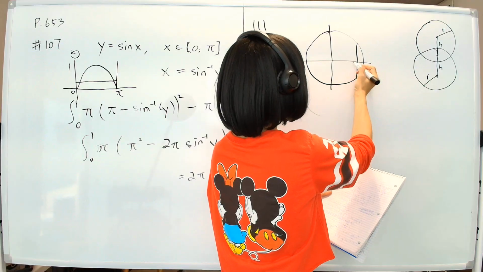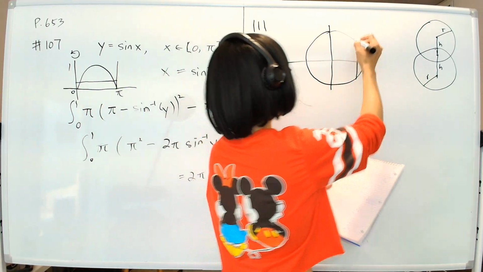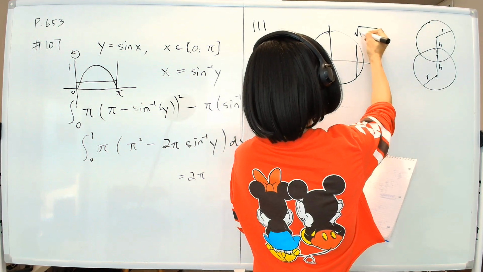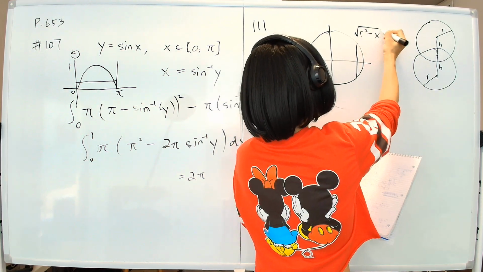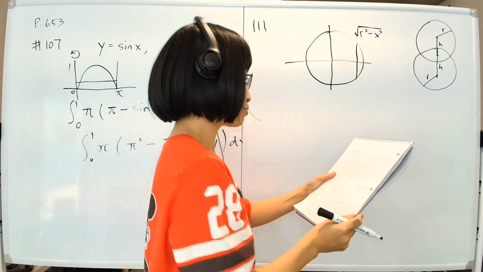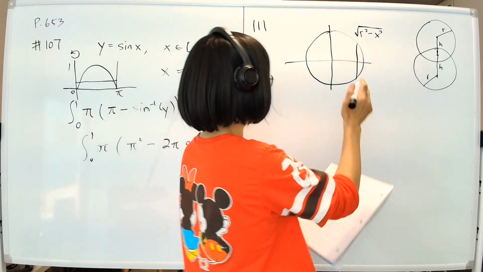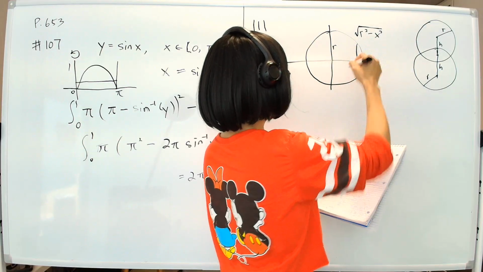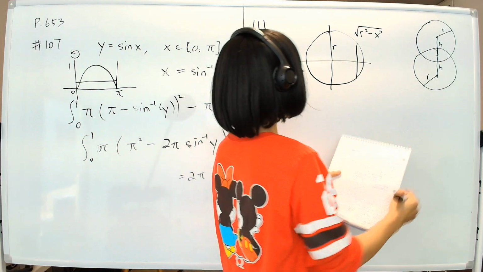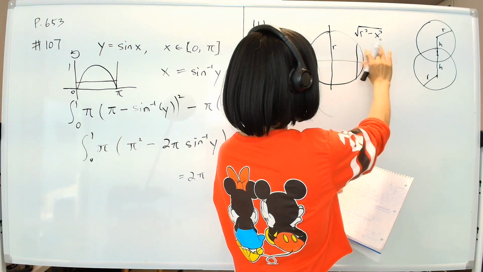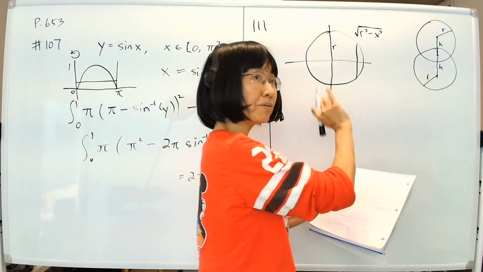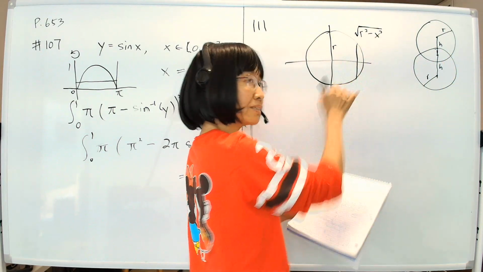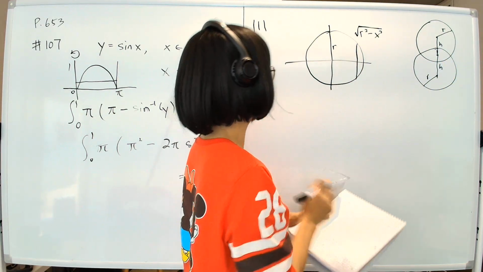The formula of the circle is the square root of r squared minus x squared, where r is the radius. We're going to spin this part. We only need this part, and then we'll double it because there's a top part and a bottom part. So we calculate one half of it, and then we double it.